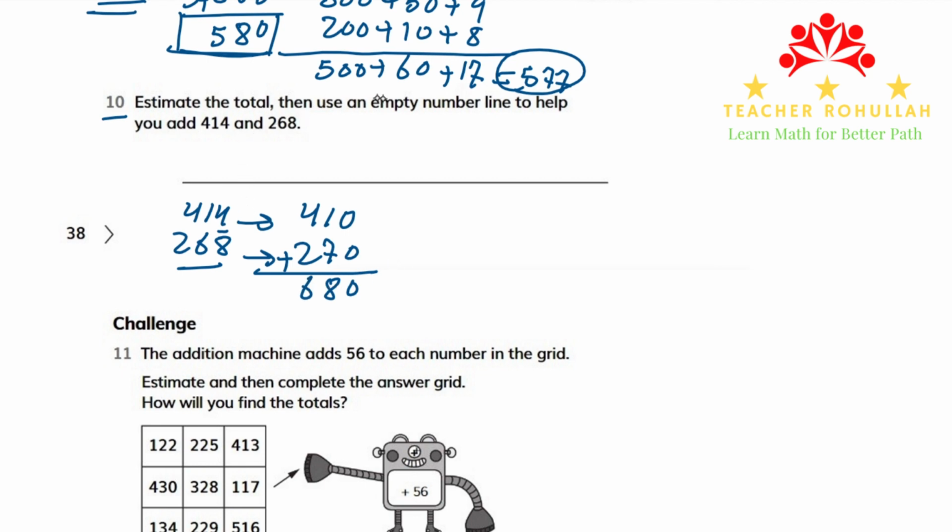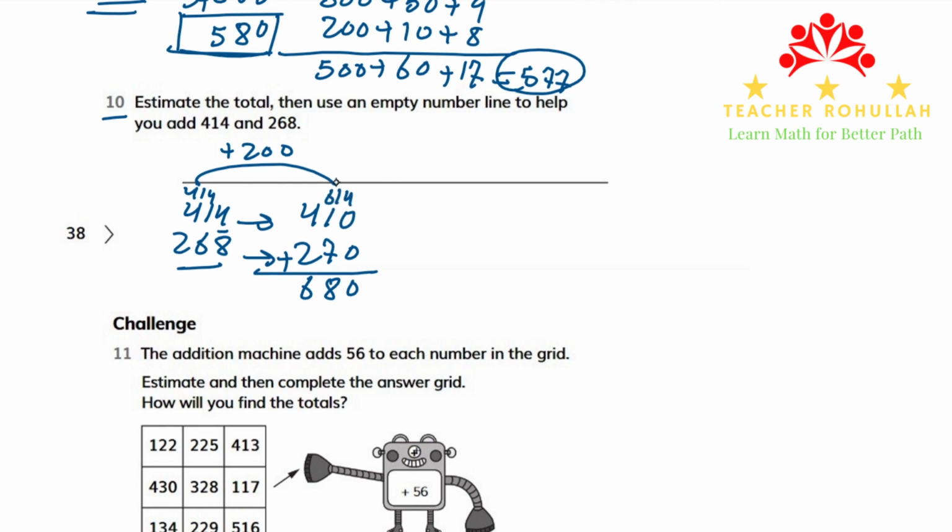Here it is asking us to use an empty number line to help us add. So this I can use as the empty number line. This point I will choose as 414. If we add 200 to 414, we will have 614.